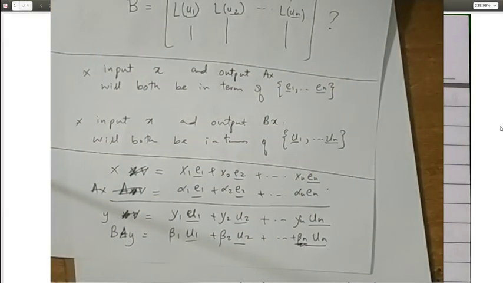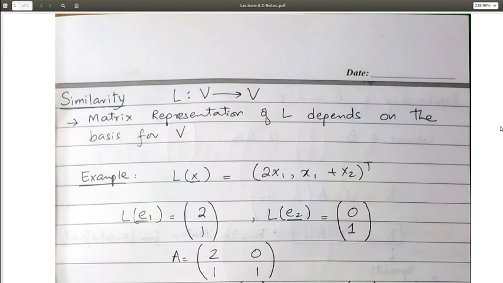All right. So here's the idea, which is, the first thing is that the matrix representation, the way you represent L in terms of a matrix, is going to be different depending on the basis that you're choosing. And right now we're going to be limiting ourselves to operators that take vectors from one space back into itself. So we're only talking about linear operators right now.